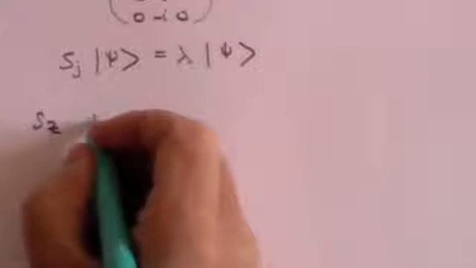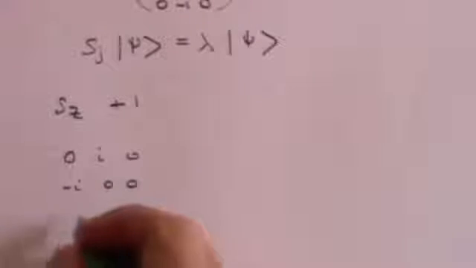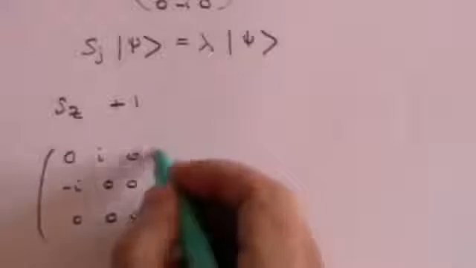So I'll take the operator Sz and I want us to get the eigenvalue plus 1. So this is when we measure along the z-axis and we want a plus 1 h bar measurable. Essentially we're going to need to take the Sz operator, which is 0, i, 0, minus i, 0, 0, 0, 0, 0. That's the operator, and we're going to have to act on an eigenvector.